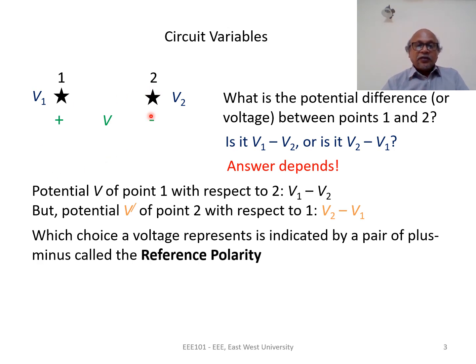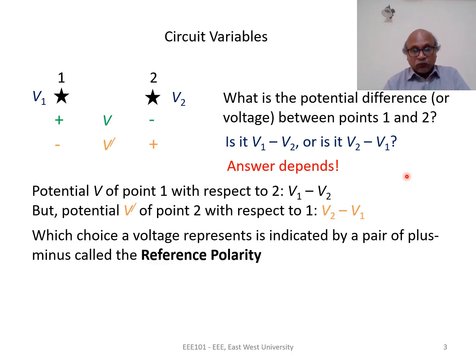So this potential difference V is the voltage of point 1 with respect to point 2. Similarly, if I consider V prime, which was the potential of point 2 with respect to point 1, I will put a minus sign on point 1 and a plus sign on point 2.